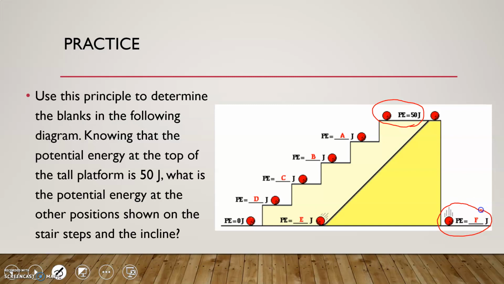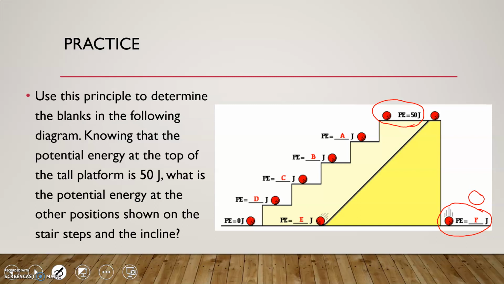At the bottom, we're going to be looking at the potential energy of this ball. At the top, again, it had that 50 joules of potential energy, and then at the bottom, there is no height, meaning it lost all its elevation, so the potential energy right there would actually be 0. There's no more potential energy for it to have.